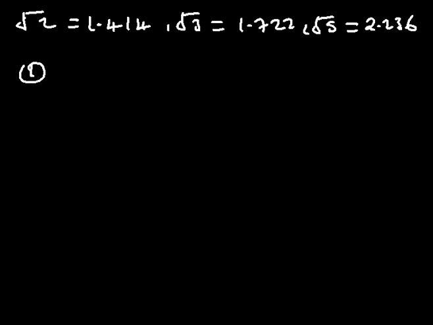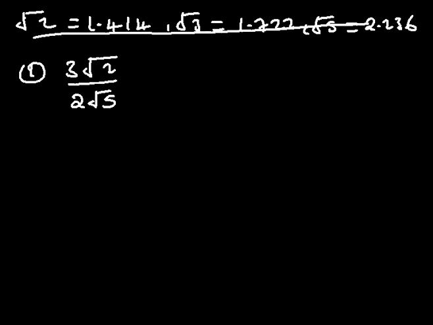Let's say 1, we have 3 times the square root of 2 divided by 2 times the square root of 5. So we should rationalize the denominator, and then simplify with these given parameters to 2 decimal places. So try to do that.